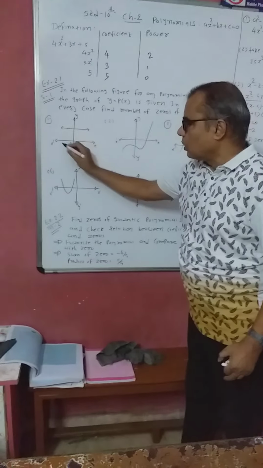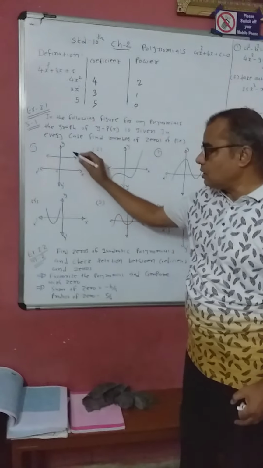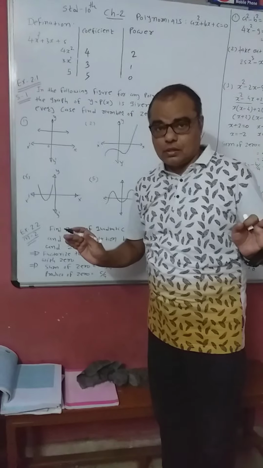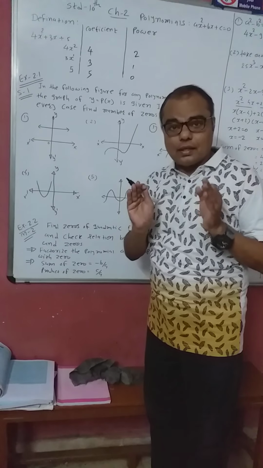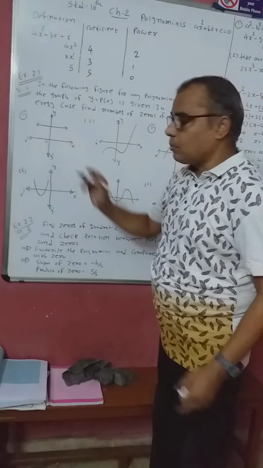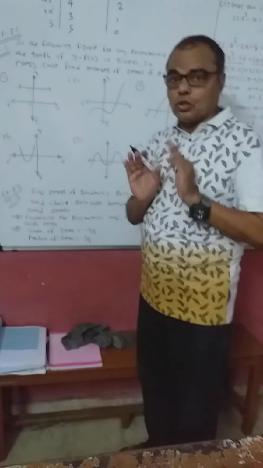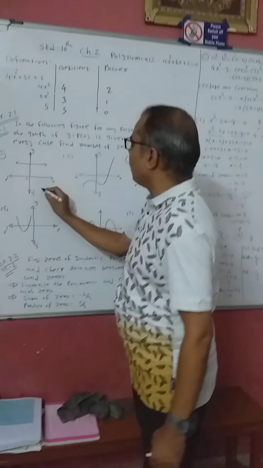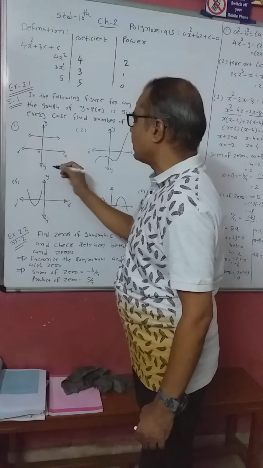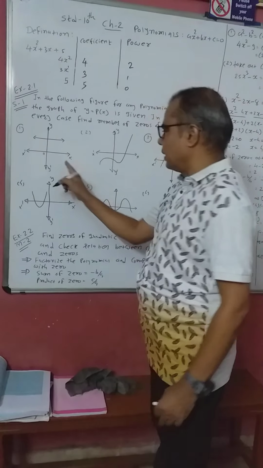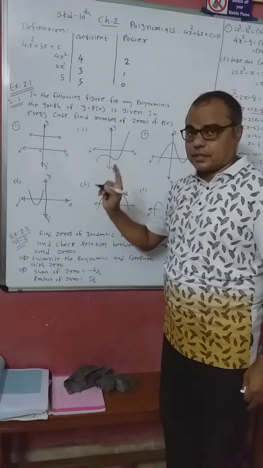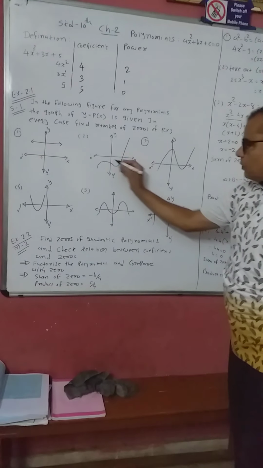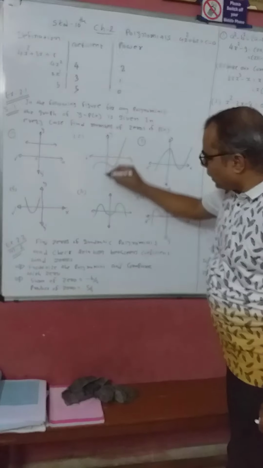This line does not intersect. This line does not intersect. मतलब एक दूसरे को काटती नहीं है. तो क्या मतलब it has 0 zeros. तो y equal to p(x) has 0 zeros. मतलब it has no zeros. We can say that, right? Because it does not intersect. Now second one. This is the x-axis. This is the y-axis.